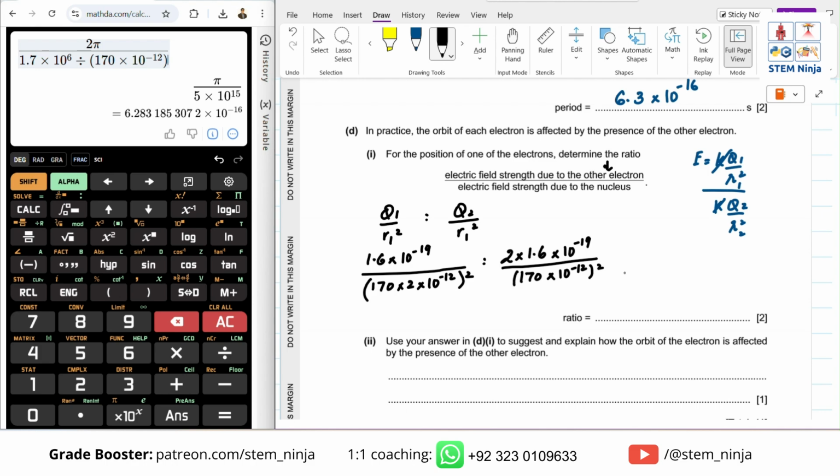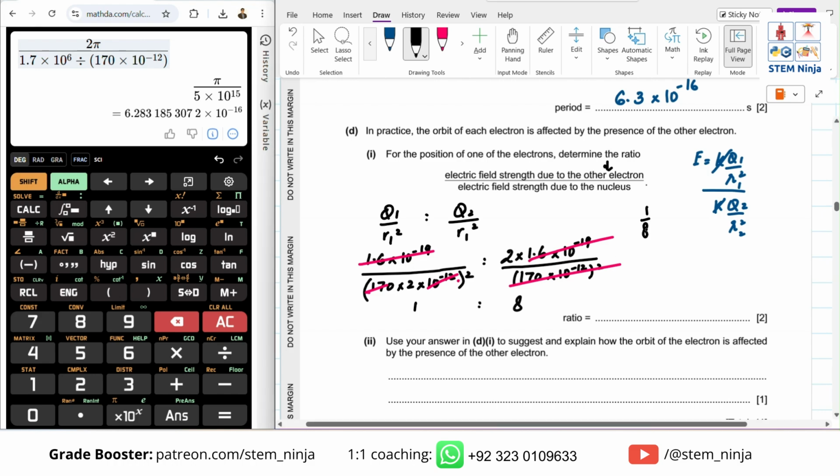Okay, so as you can see, we can cancel out a few things. 1.6 gets cancelled, and this ratio gets cancelled like this. So we are left with 2 squared at the bottom and the other that way. So the ratio is 1 over 8, which is basically 0.125.